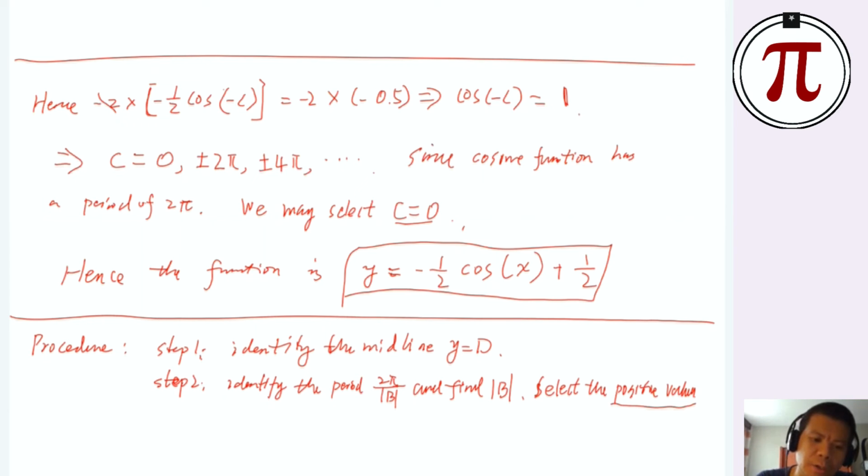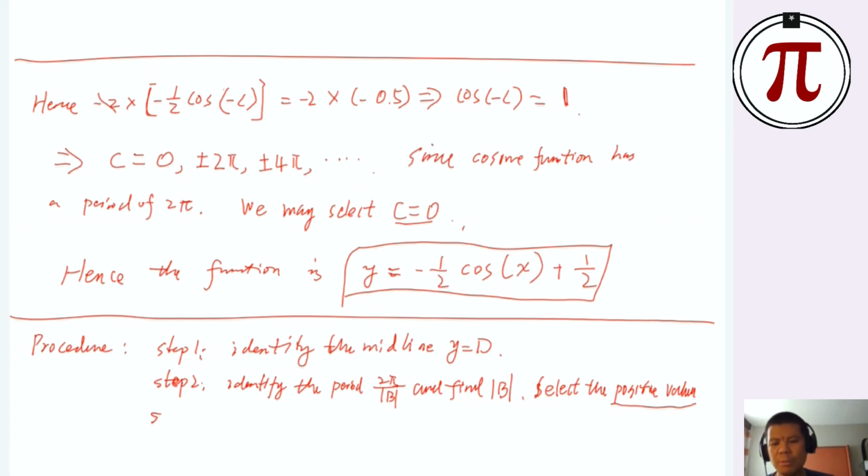In all the cases b is always positive. Well, it's just easier to select. You can select a negative value if you want to, but if you select the negative value, then the c value will be a little different, so you have to be careful on that.